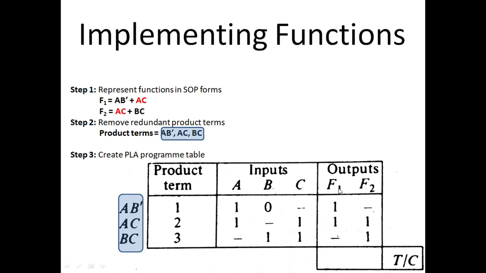Okay, so F1 in this example is in the normal form, so we just put true, means F1 is in the normal form. It is not complemented. And similarly, F2 is in the normal form, so we would just put true, means it is not complemented.